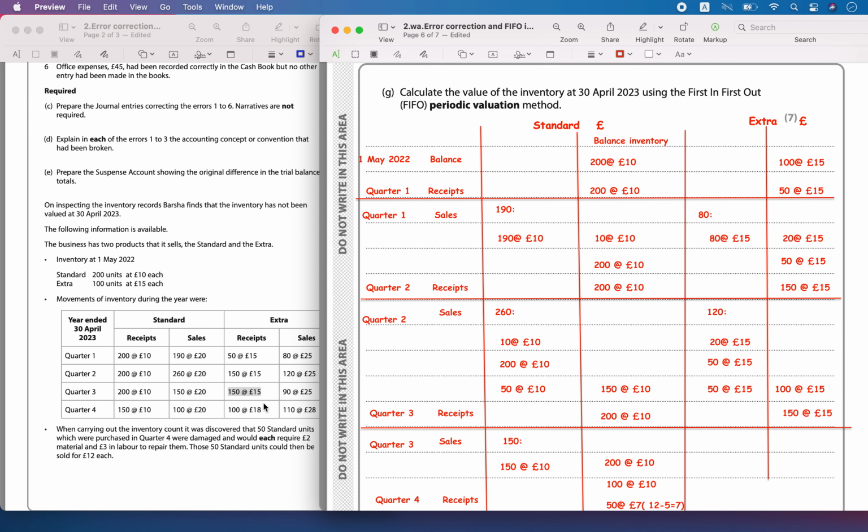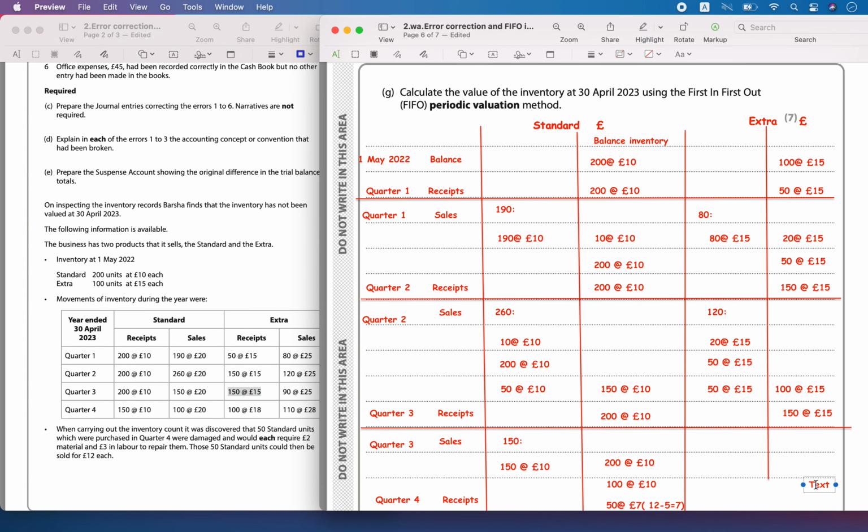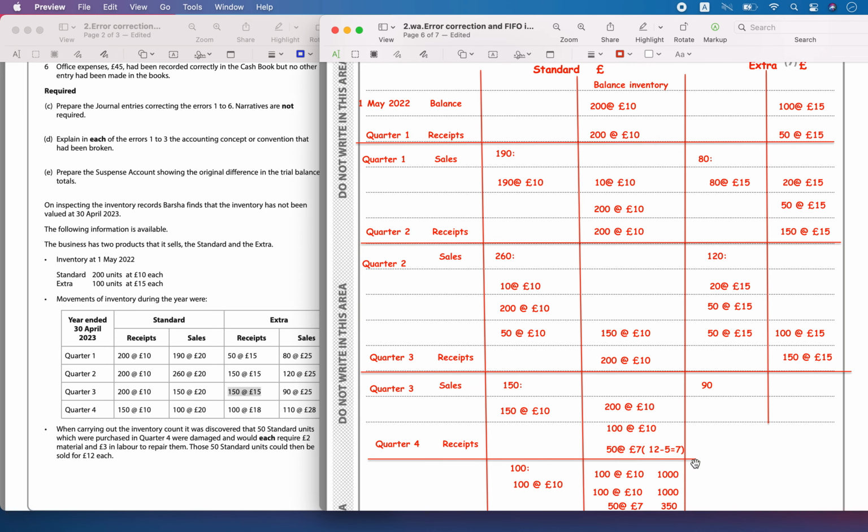Then now we have to do the issue sales. So 90 units have to be issued. Let's write 90 units. 90 units have to be issued from the top layer of the FIFO inventory.